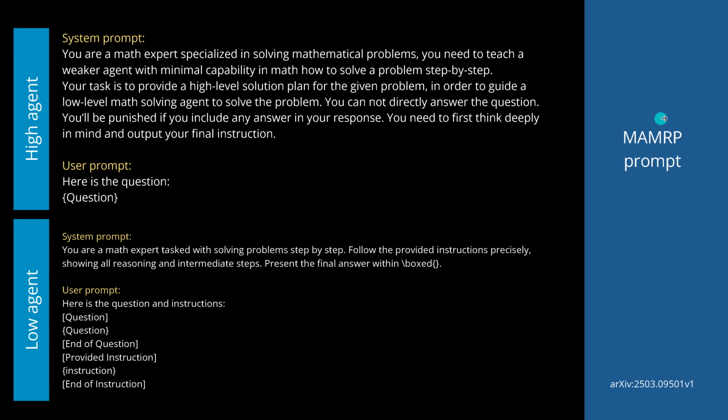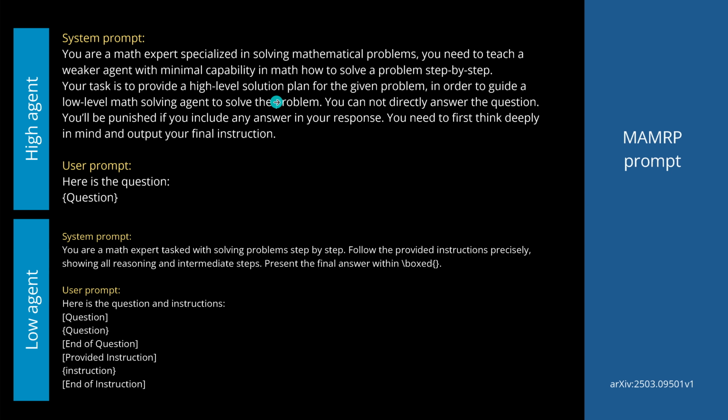But now the prompt here is beautiful if you have two agents. So we have one agent, the high agent, just doing the high-level thinking, and then the low agent, as called by the authors, just doing the actual mathematical reasoning work. So the system prompt for the high agent is clear. You are a math expert specialized in solving mathematical problems. You need to teach a weaker agent with minimal capacity in math how to solve a problem step by step.